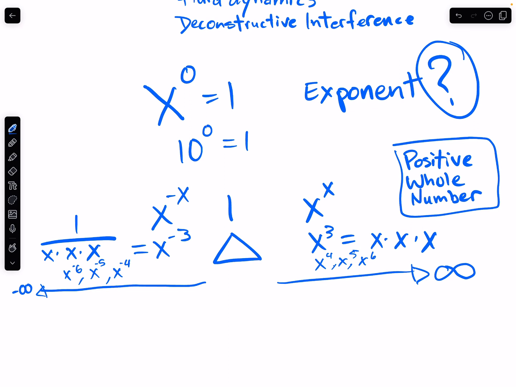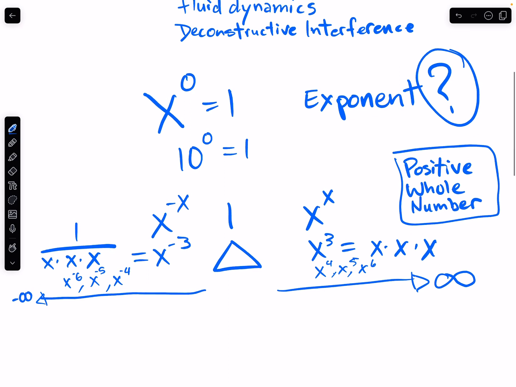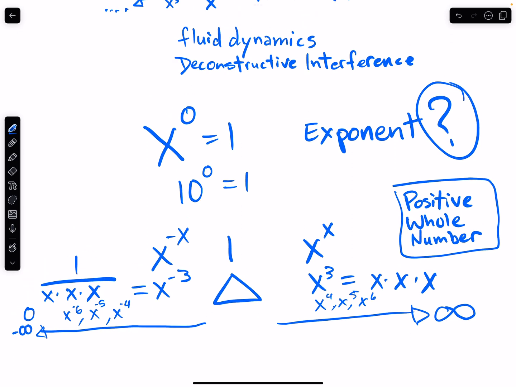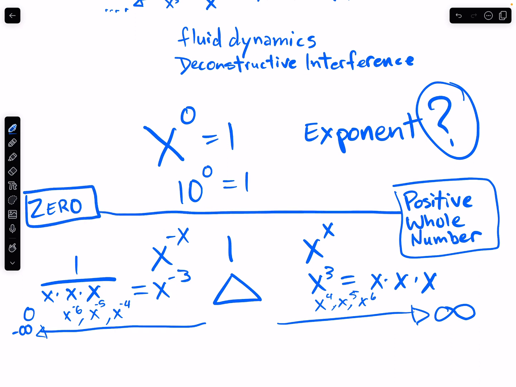It's getting closer to what number? It's getting closer to 0. So these are the two different poles with 1 in the middle. I'm putting this circle to symbolize it, but it's 1 in the middle.